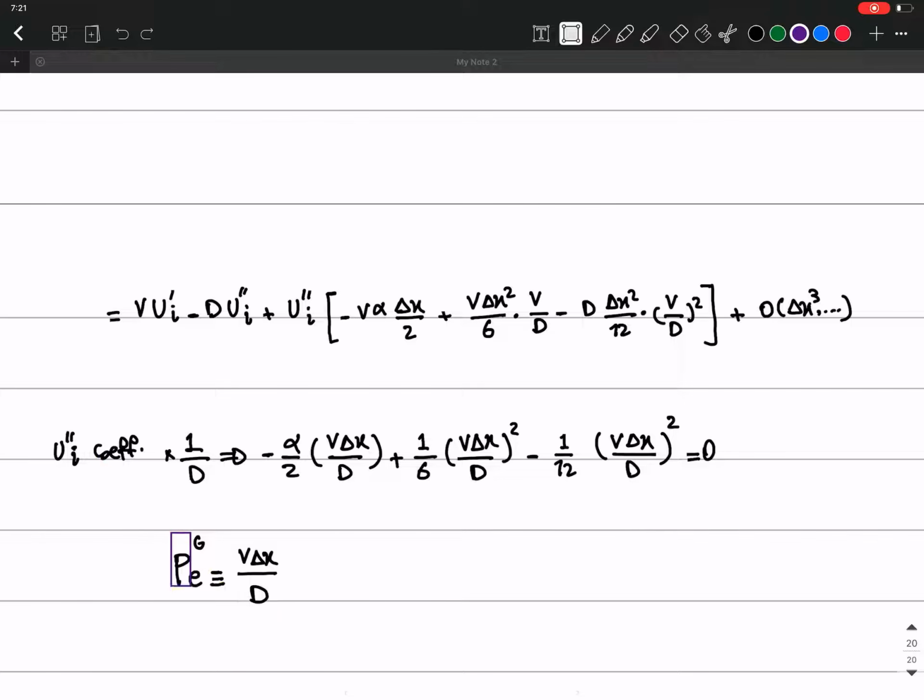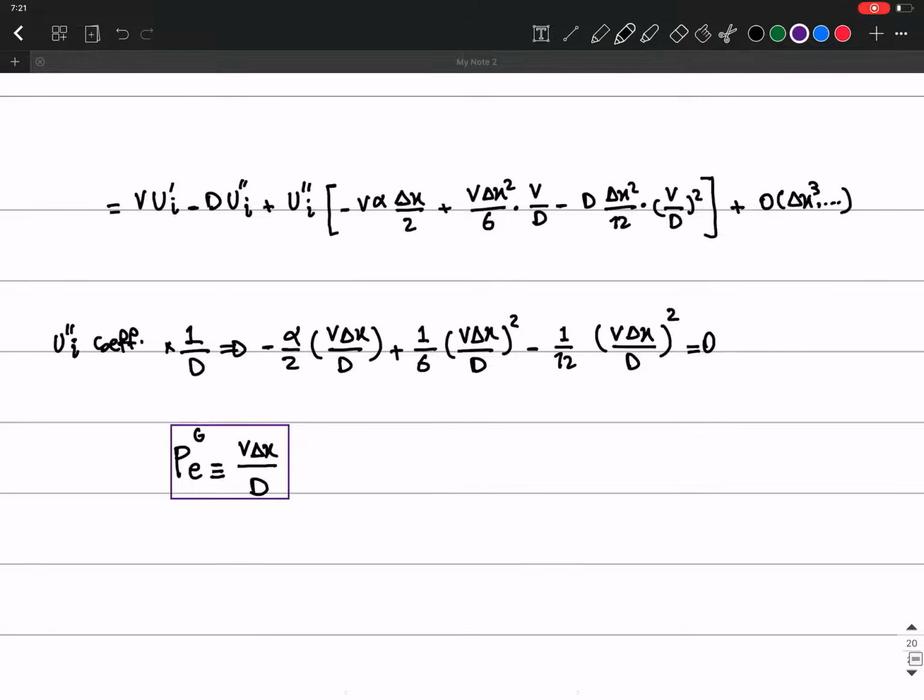Just for your information, I'm going to define this Péclet number, and I want to write this relation here based on it.